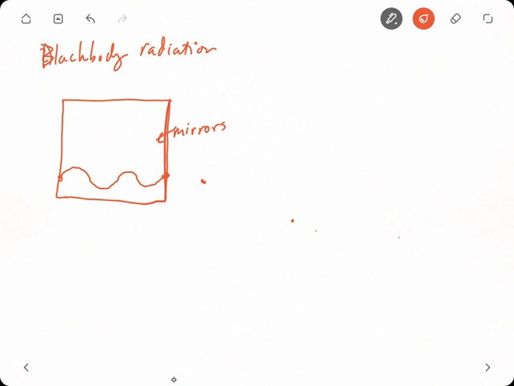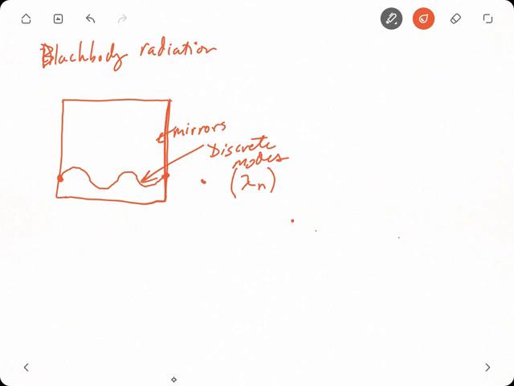And because you have a wave which has to be a standing wave if it's to exist inside this cavity, you have a discrete set of wavelengths which are allowed. So we could index those modes by lambda sub n, and we could go on and calculate how much energy density would be inside that cavity.